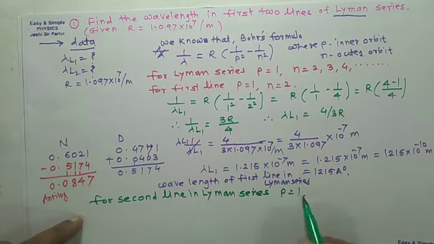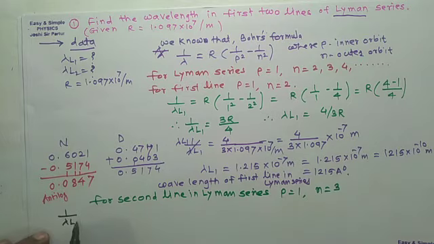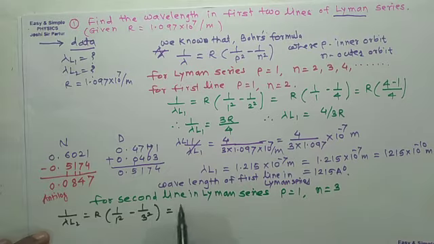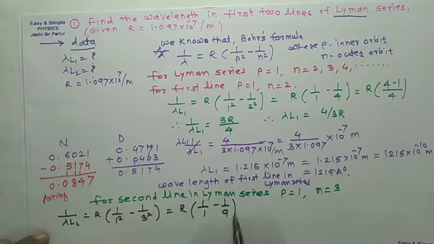P equal to 1, N is equal to 3. So the wavelength can be written as 1 upon lambda L2 is equal to R in bracket 1 upon 1 square minus 1 upon 3 square, which is equal to R in bracket 1 upon 1 minus 1 upon 9.